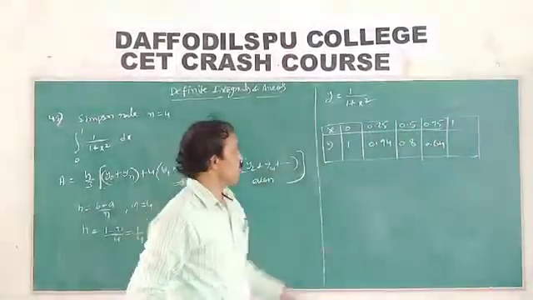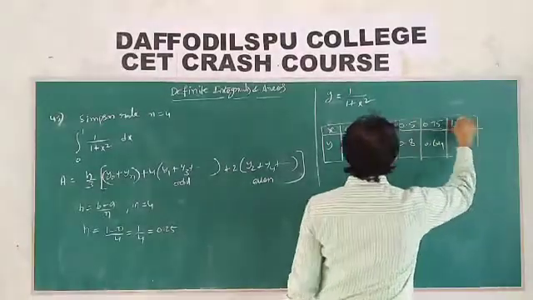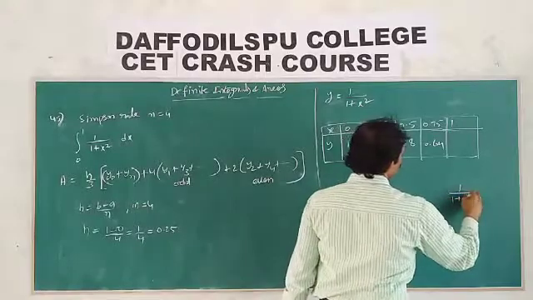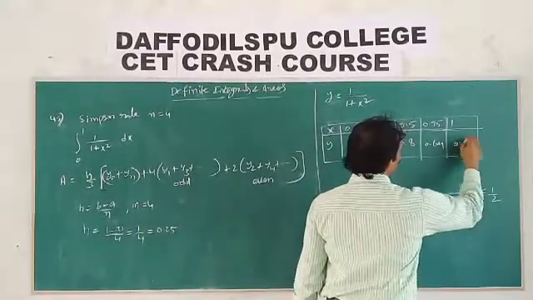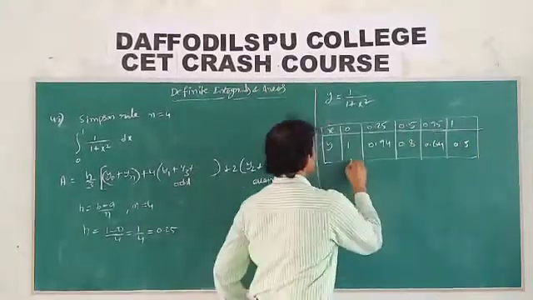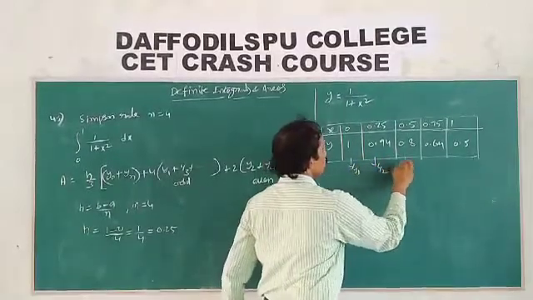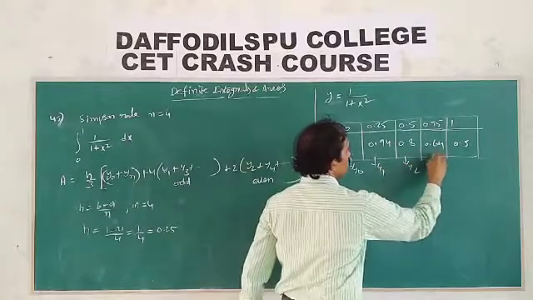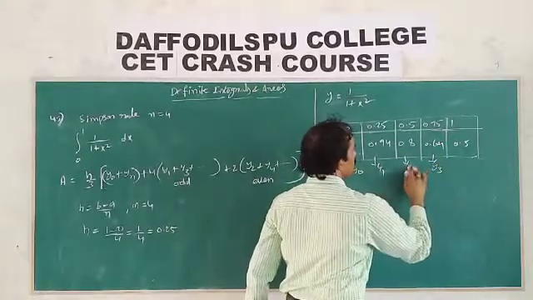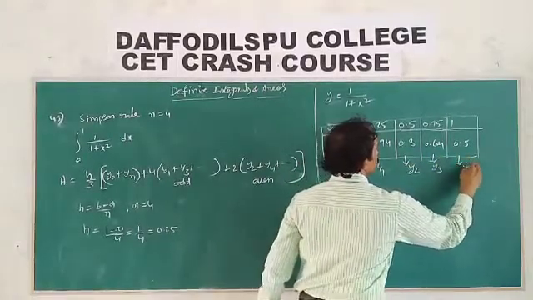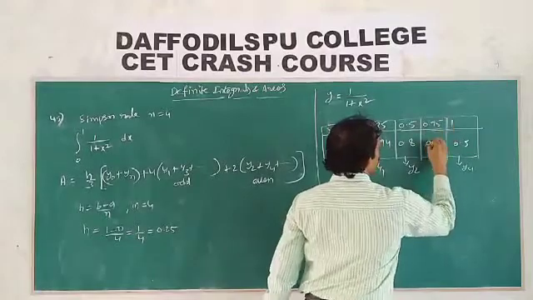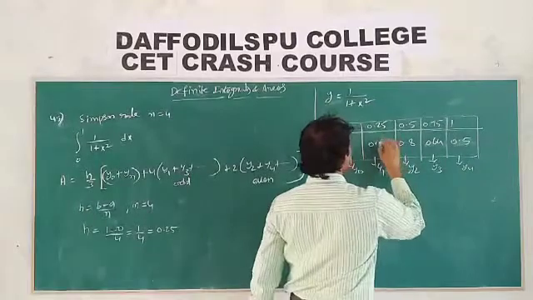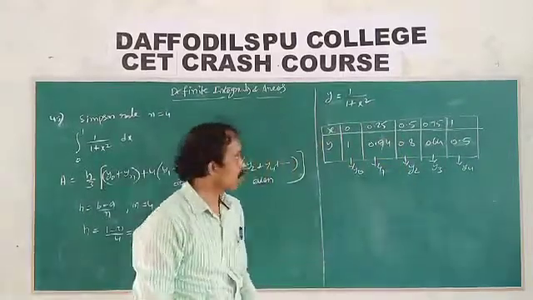Now last, finally this value: 1 by 1 plus 1 square. So these are y0, y1, y2, y3, y4. Here this is 0.64, 0.5, and this is 0.9.